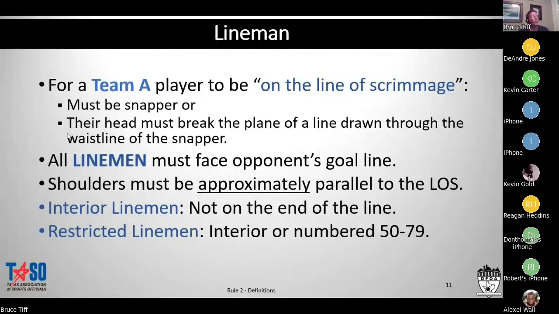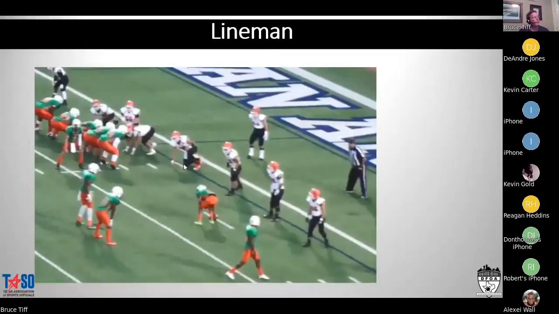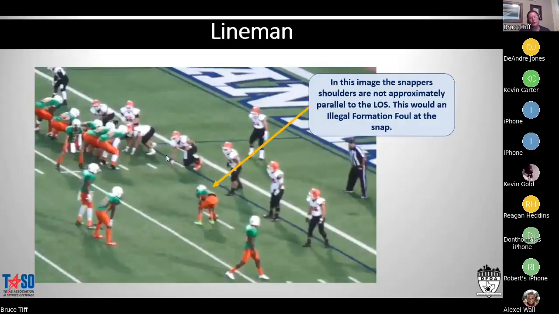Okay, so I just went through some stuff here, and I just want to show you an example of what you're going to see in middle school. This looks like it might have been a JV game or a varsity game. But what you're going to see here is, in this image, the snapper's shoulders are not approximately parallel to the line of scrimmage. This would be an illegal formation foul at the snap.